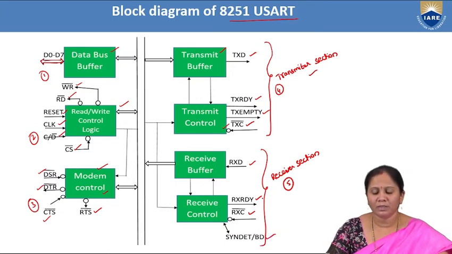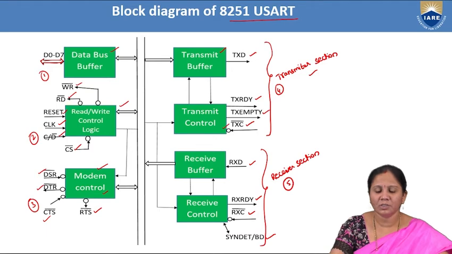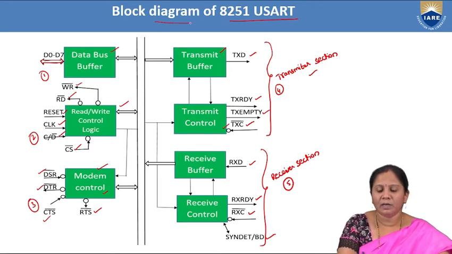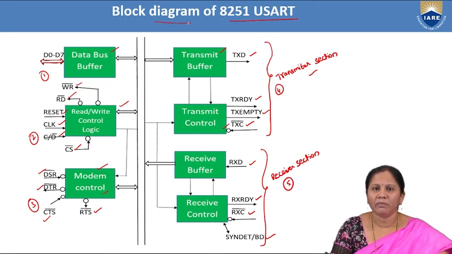By using all these signals and the blocks like receive buffer and receive control, the receiver section is going to receive the data in serial form, and that serial data will be converted into parallel data after being received by the receiver. So these are the 5 important sections available in the block diagram of 8251 USART.